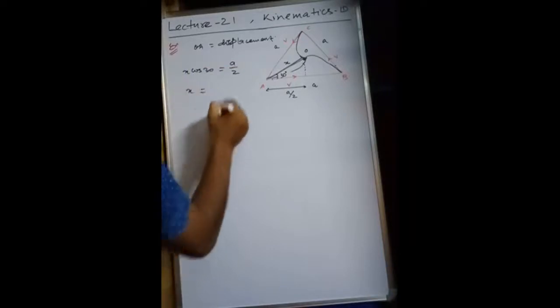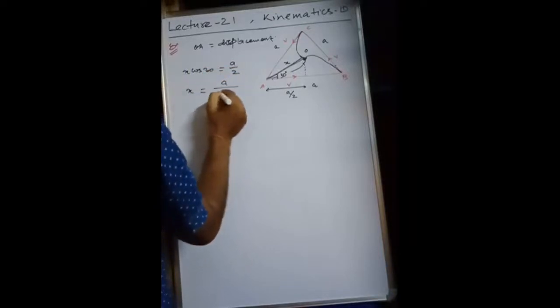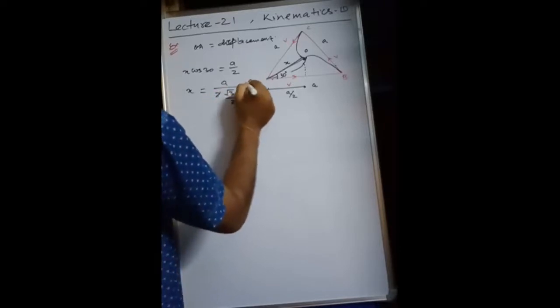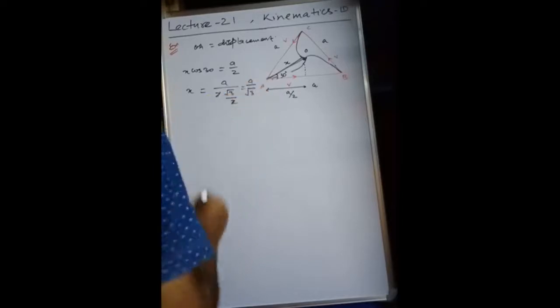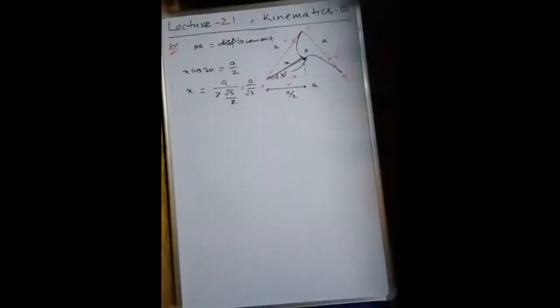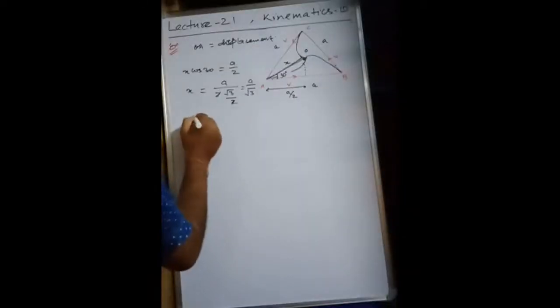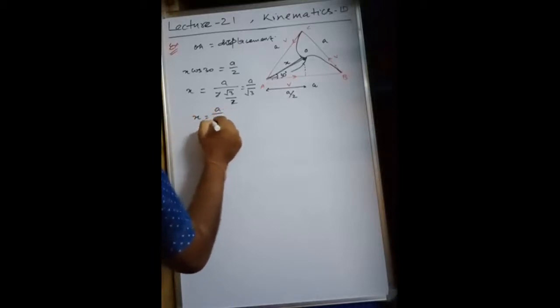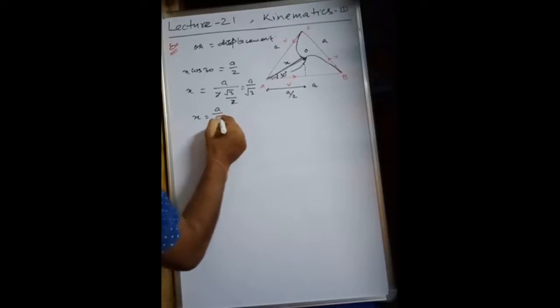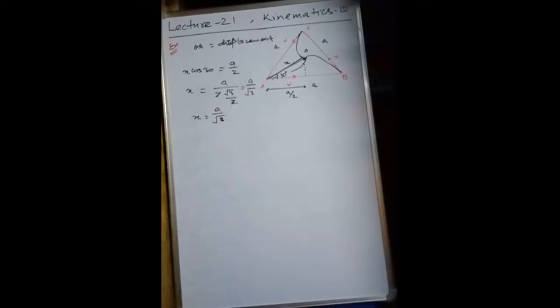Now you are able to solve this. a by 2 over cos 30, which is root 3 by 2, cancels out, so it is a by root 3, and this is the value of x, a by root 3. And this is the displacement, my dear students.